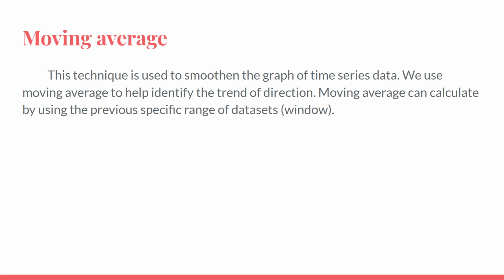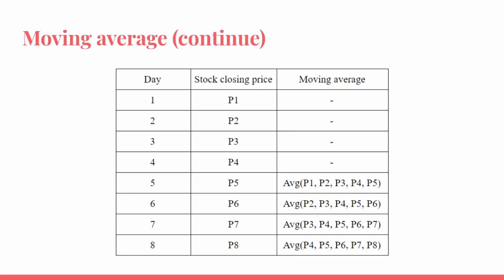For example, if we want to find the trend of stock closing price by using previous data of 5 days, we will sum the price backward for 5 days and calculate the average as follows. As you can see, there is no moving average value for the first 4 days, since there is not enough data to calculate.